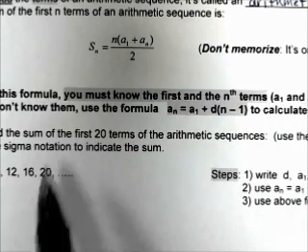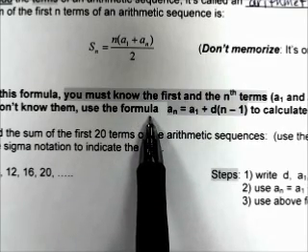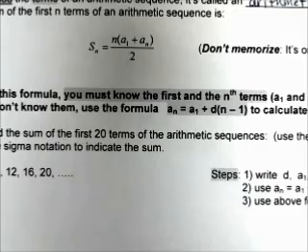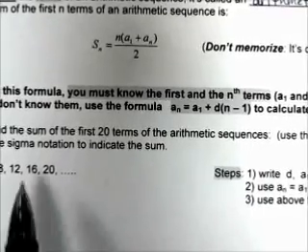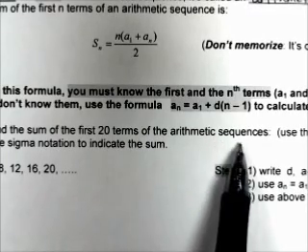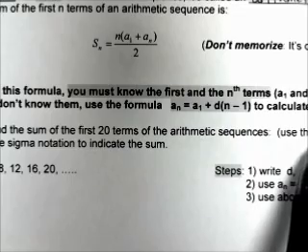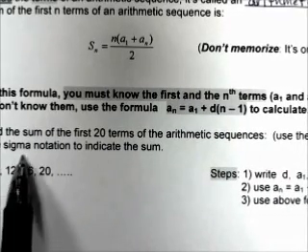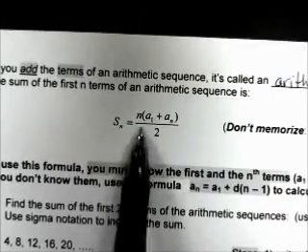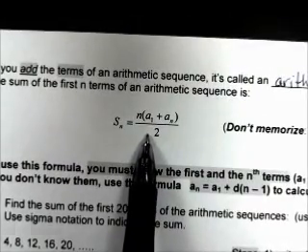If you don't know them, then you use the formula a sub n equals a1 plus d times n minus 1 to calculate them. In these exercises, we want to find the sum of the first 20 terms of the arithmetic sequence. Use the above formula, and then we're also going to use sigma notation to indicate the sum. So we're using the formula to find the sum. We're doing two things here.